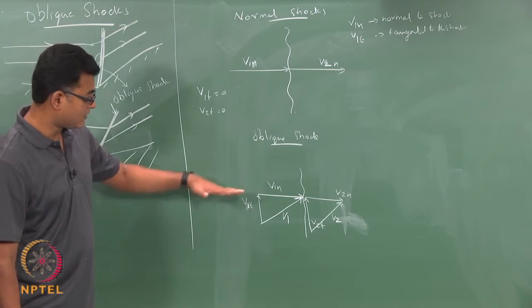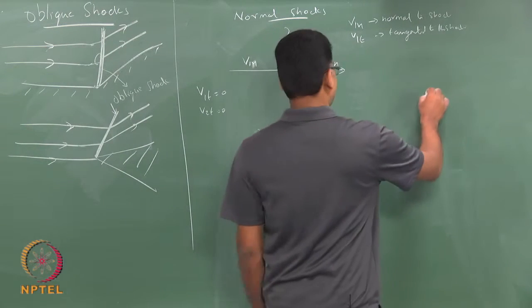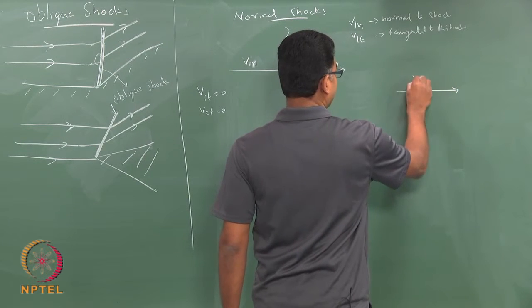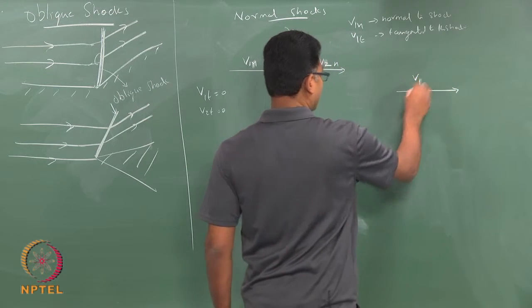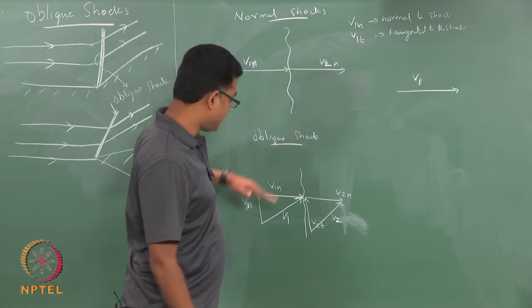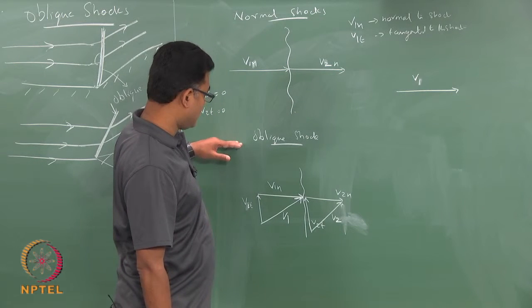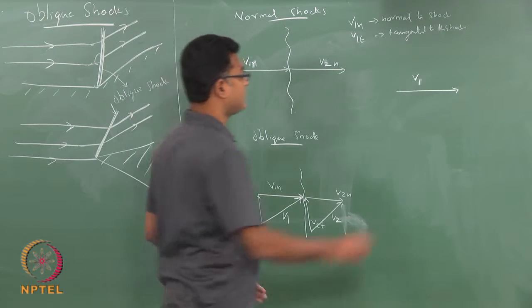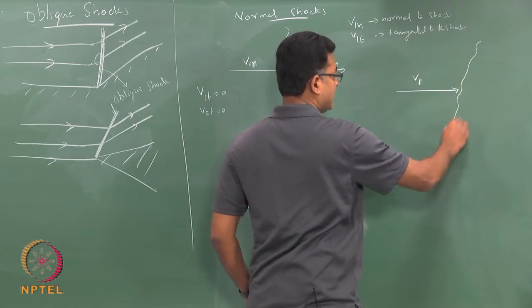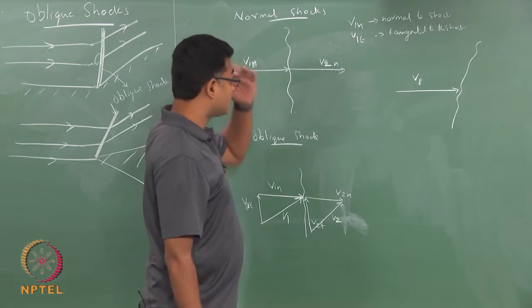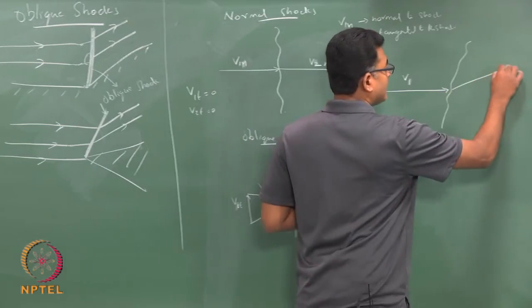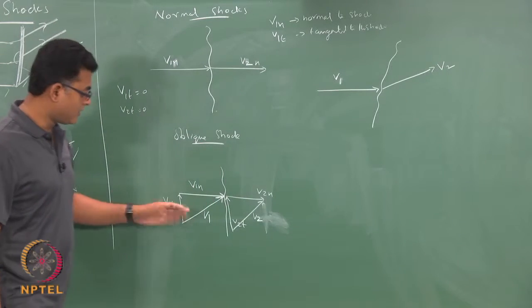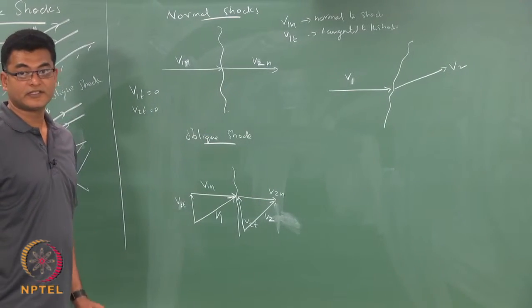This I can redraw in this particular fashion. If I take my V2 to be this way, and V1 to be horizontal to the plane, then that is at an angle with the shock wave. So the shock is this way, then I have a V2. So I can redraw the same picture in that particular fashion.